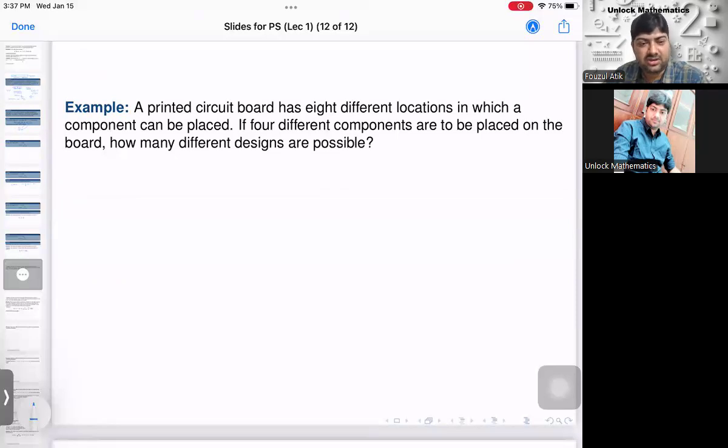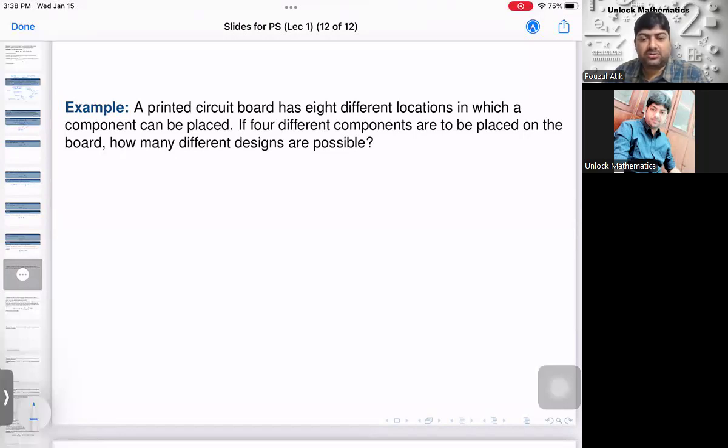So read the question carefully. A printed circuit board has 8 different locations in which a component can be placed. If 4 different components are to be placed on the board, how many different designs are possible? So think of it, there are 8 different locations and 4 different components are to be placed.